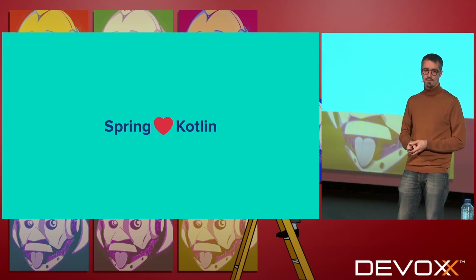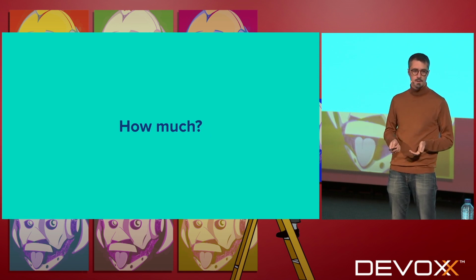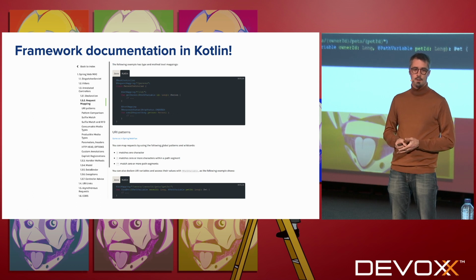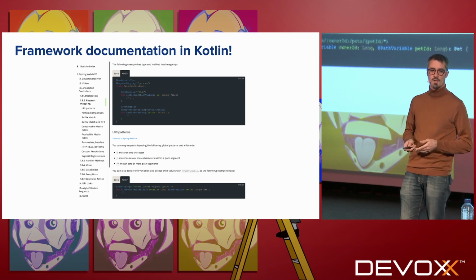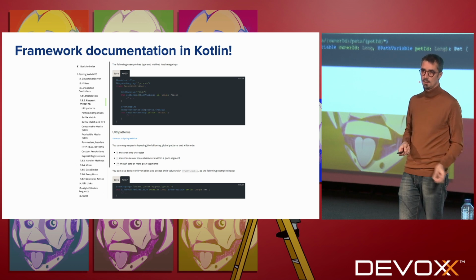So Spring loves Kotlin, and I'm going to explain how much. We love Kotlin as much as we translated all the Spring Framework reference documentation from Java to Kotlin. So basically what I did was take every single code sample in the Spring Framework reference documentation and translate it to Kotlin.